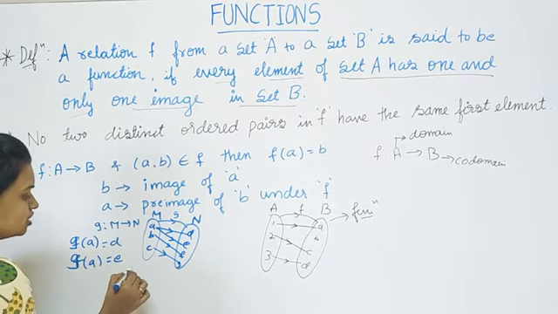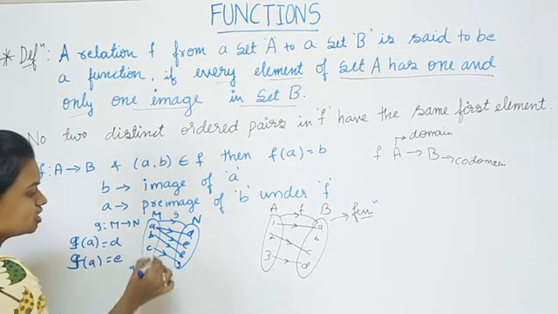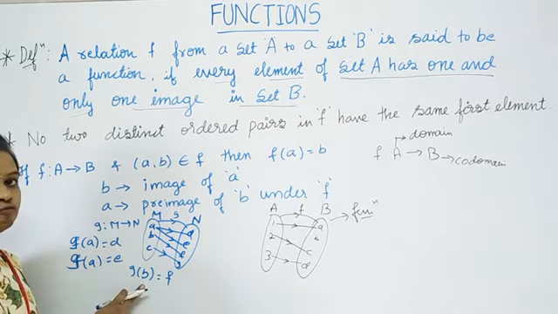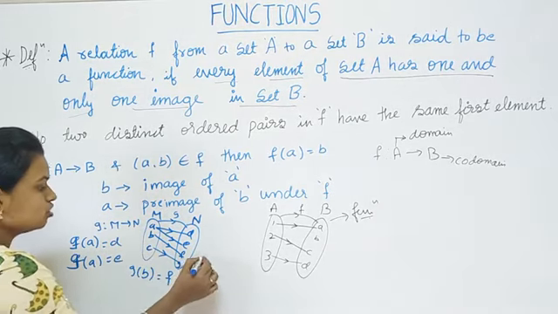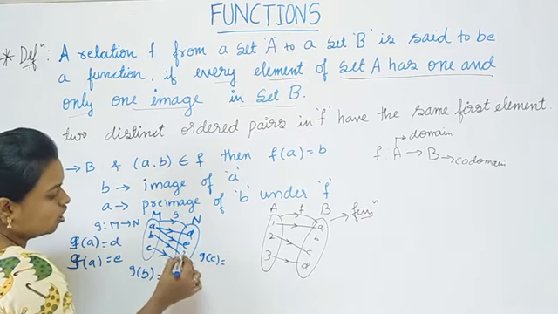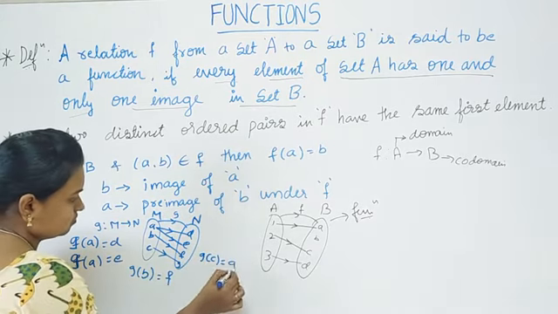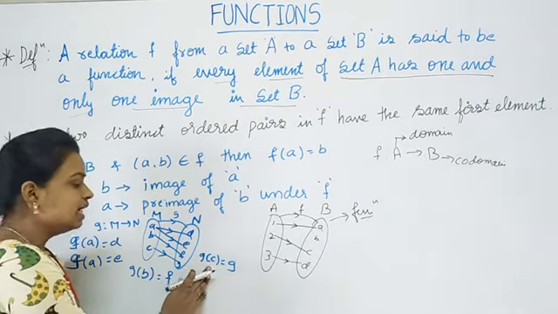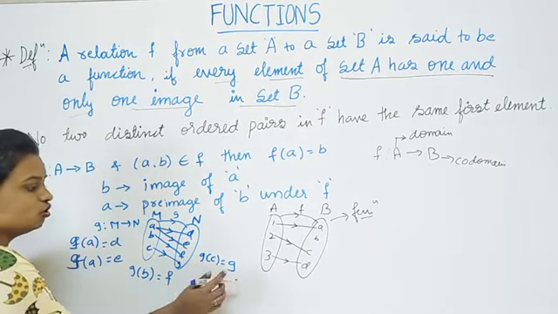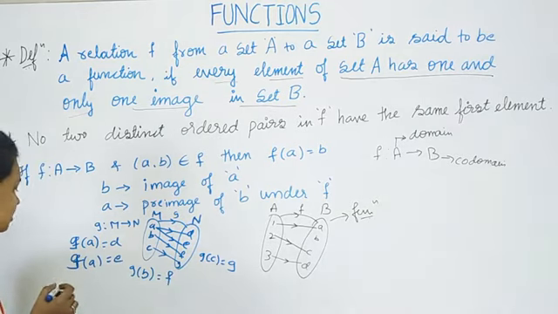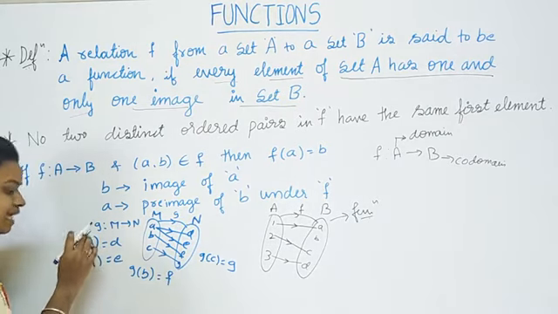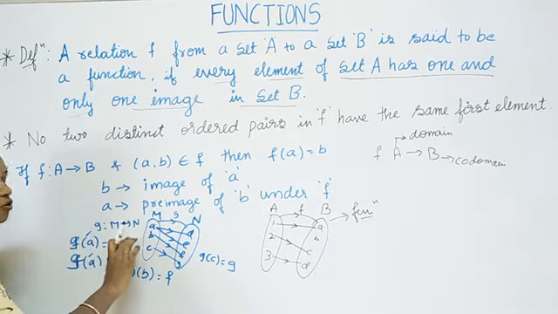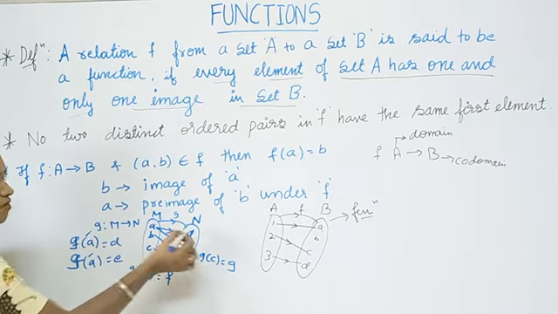And g of b: b is mapped to f, the image of b under the function g is f. And also g of c is equal to g, which means the image of c under the function g is the element g. So observe that here the element a is mapped to two different elements of set N.